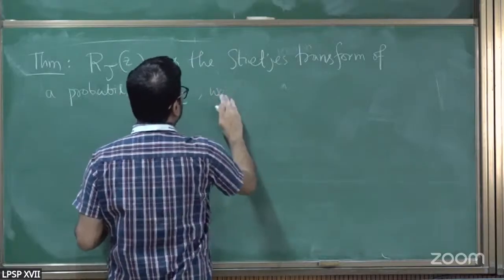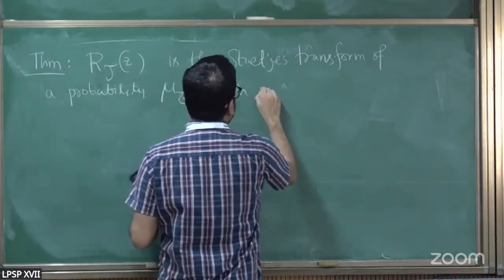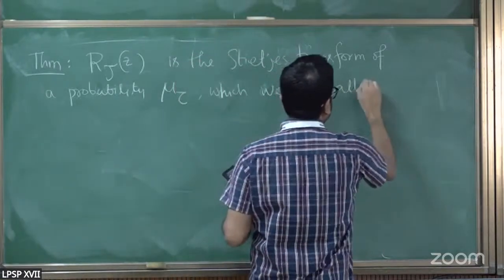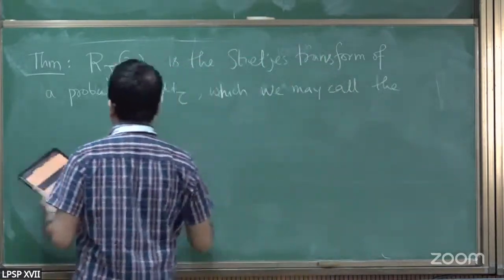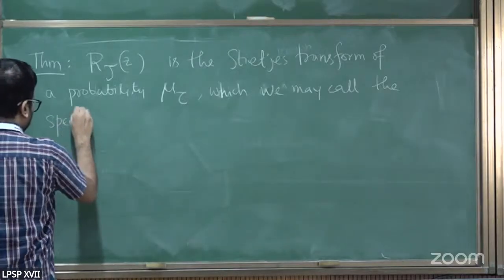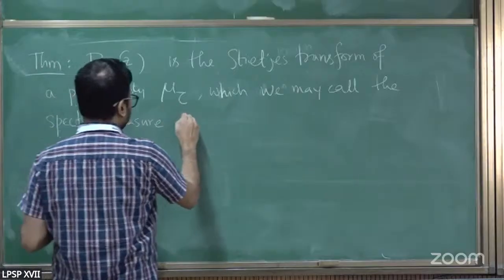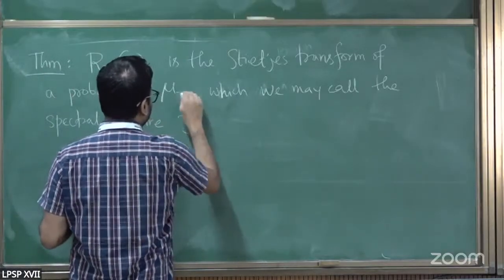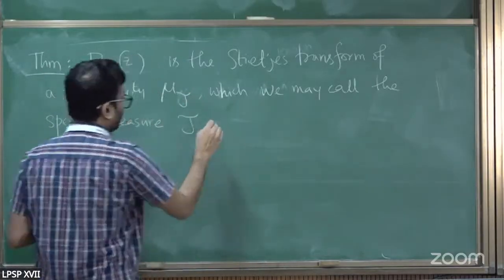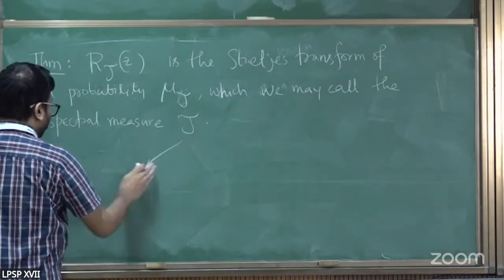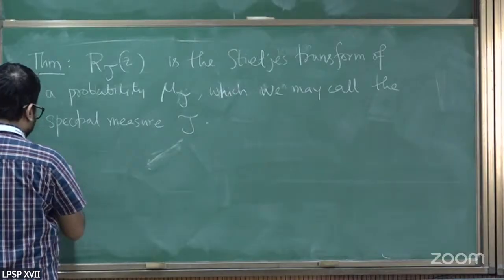Okay? But the probability measure mu tau, we may call the spectral measure of the tensor T. Yeah. So it is not known. Let me highlight this.